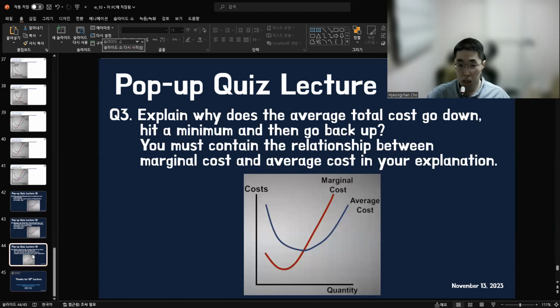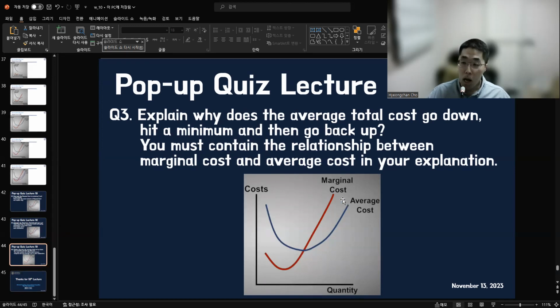And question number 3: explain why the average total cost goes down, hits a minimum, and then goes back up. You must include the relationship between marginal cost and average cost in your explanation. As you see, this curve of average total cost, which is this blue curve, goes down and hits this minimum and then goes back up.